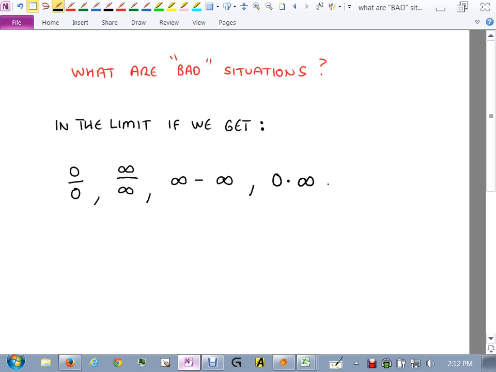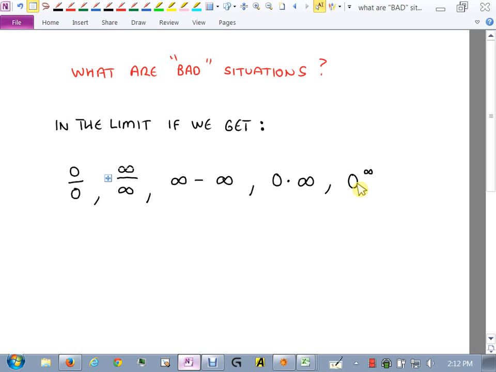Not everything though. It's got to be specific. If 0 is raised to the infinity, is that a bad situation? Don't write that down. Think about what's happening. The base is wanting to become small, and the exponent is getting bigger. What happens if you take a small number and raise it to a power?